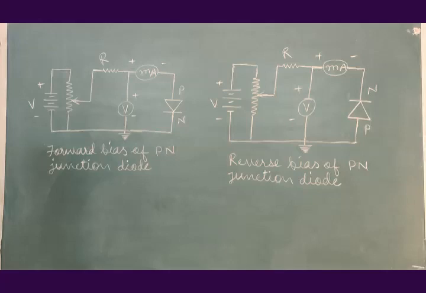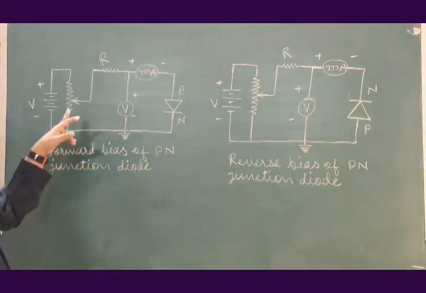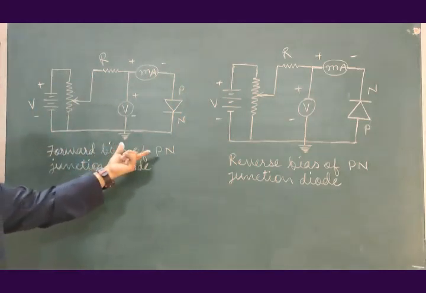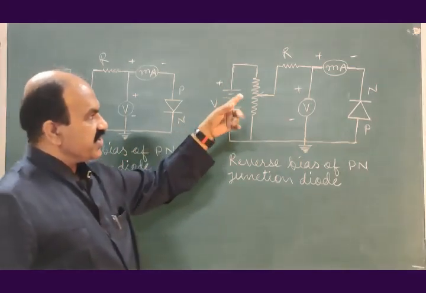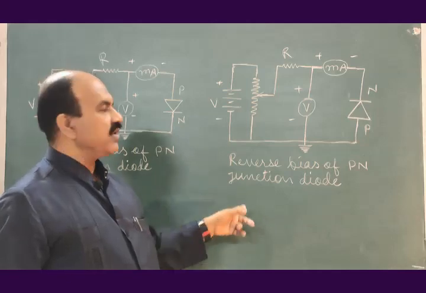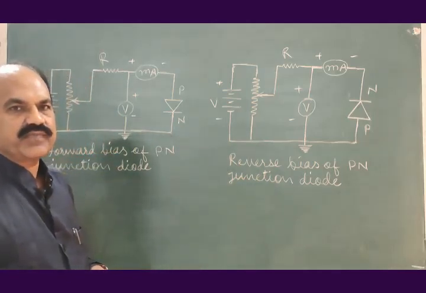Two circuit diagrams are drawn. The first circuit diagram is drawn for forward bias of the p-n junction diode. The second circuit diagram is drawn for reverse bias of the p-n junction diode.